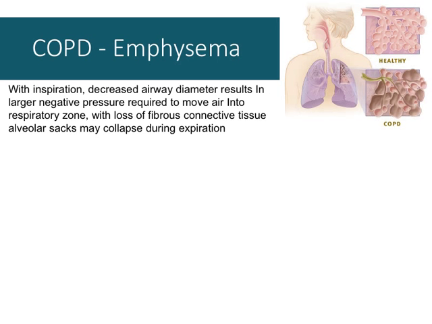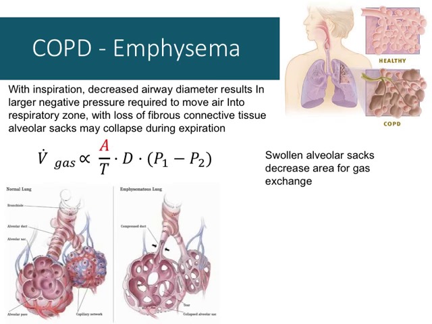We're trying to inflate the lungs. We're inflating the alveolar sacs. But as we switch from inspiration to expiration, without this fibrous support, the small airways specifically can be pinched off.